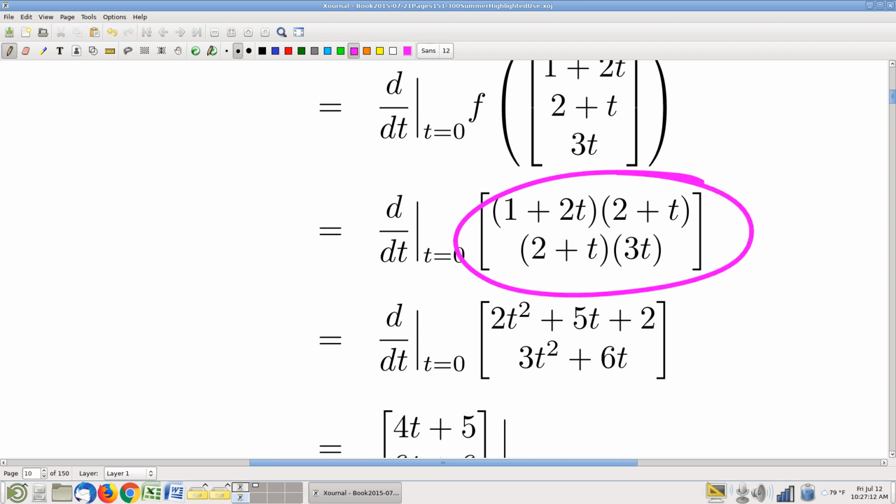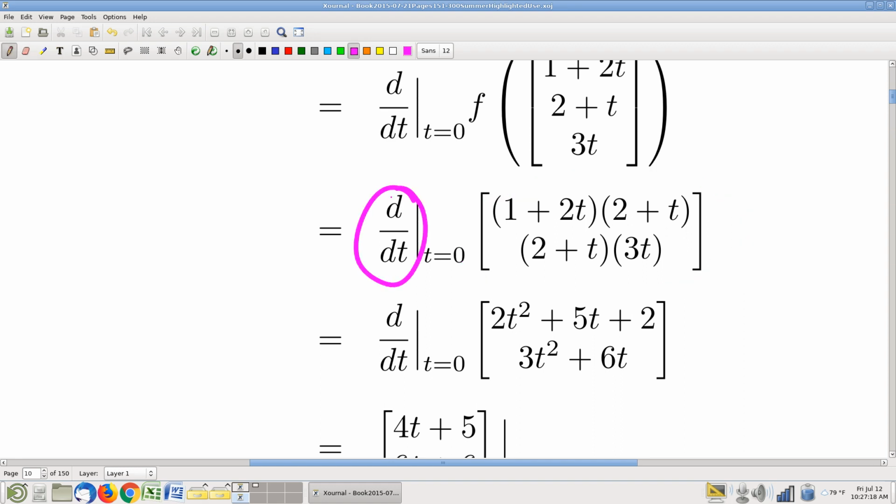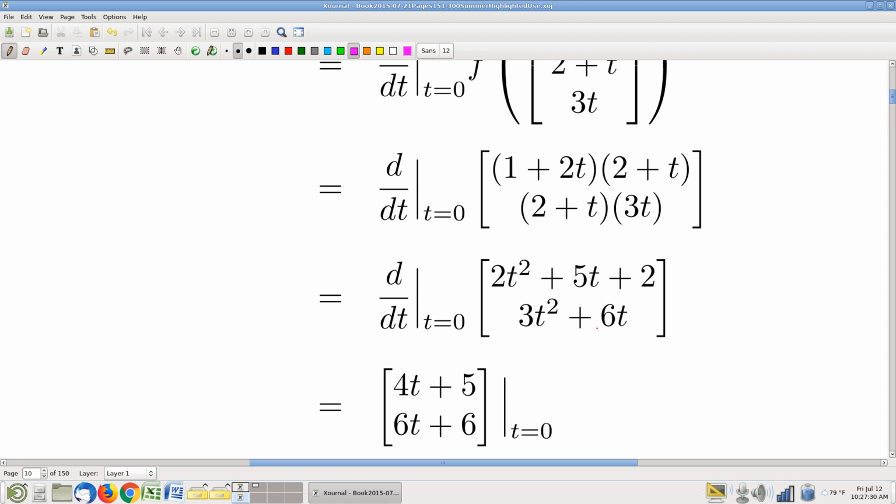That's true. We didn't get a real number. We got a vector. So, no problem. We need to take a derivative of that vector-valued function. Can you do that? Yeah, sure. We have a formula for derivatives of vector-valued functions. Just do it one coordinate at a time, thus giving you that. So, it's not really that different for vector-valued functions.